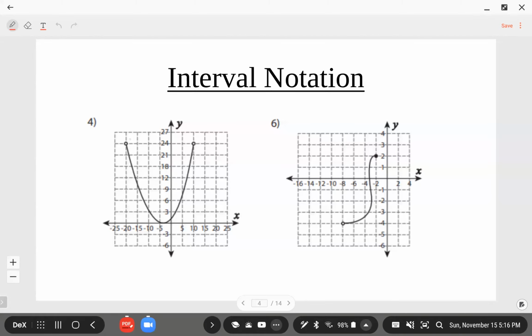It is just drawing an infinite amount of vertical lines, and if any of these vertical lines intersects the graph more than once, then this relation is not a function.